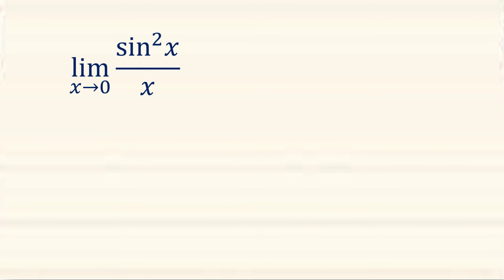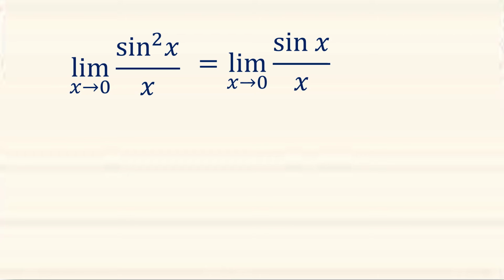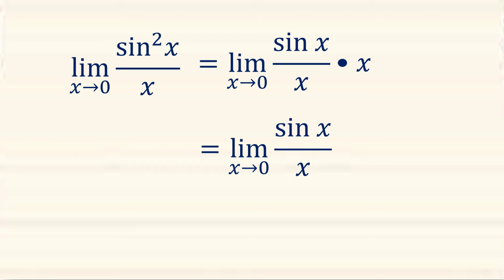So let us have another one. Limit sine squared x over x as x approaches 0 is equal to limit sine x over x as x approaches 0 times x. So from here, we have limit sine x over x as x approaches 0 times limit x as x approaches 0. And this is an easy limit.